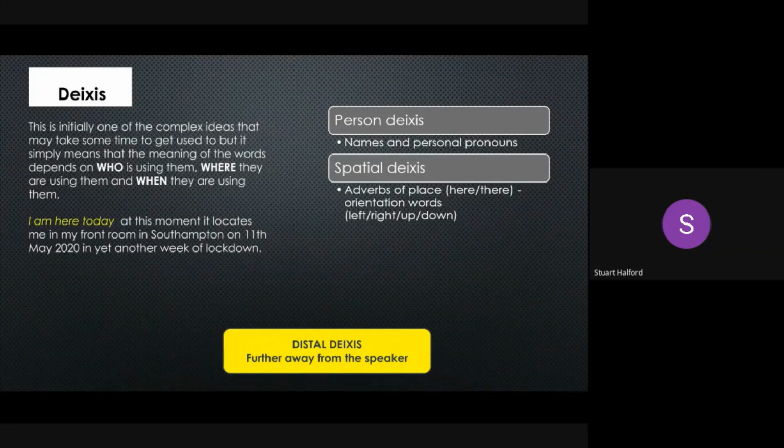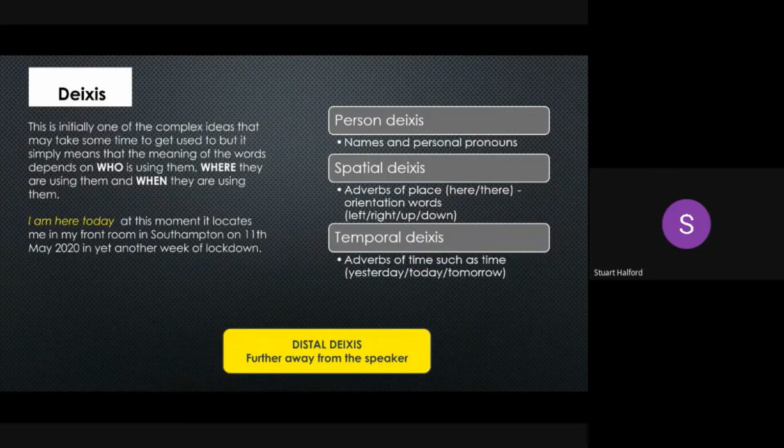So there we'd be dealing with spatial deixis. And we can also deal with temporal deixis. And here you're going to be seeing lots of adverbs of time, such as yesterday, tomorrow, today, next week, etc. So we can orientate where the speaker or writer is in relation to the audience.